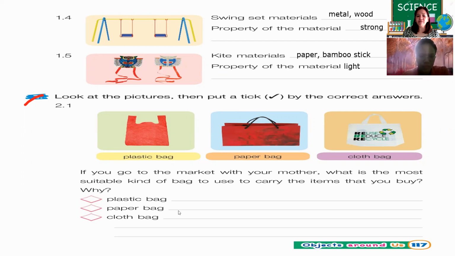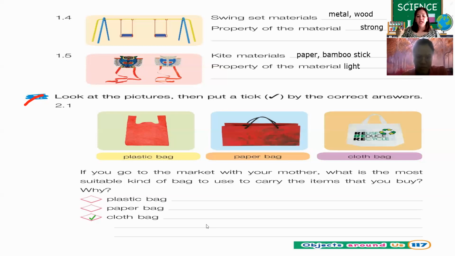Then you have to write here why you think so. For example, cloth bag. Maybe the reason is, for me, because I can put a lot of things and I can reuse it. It depends.